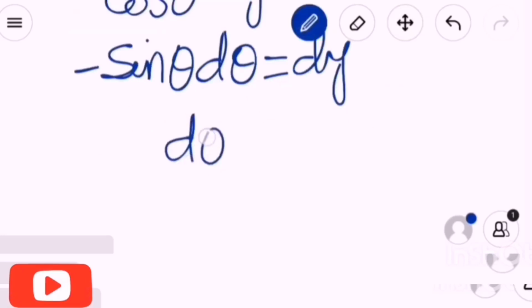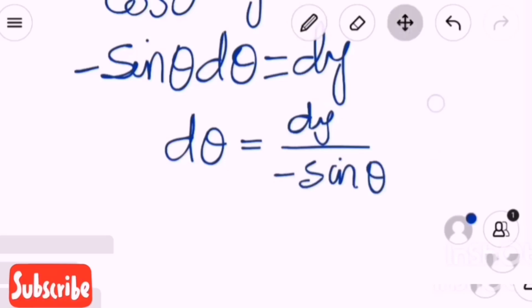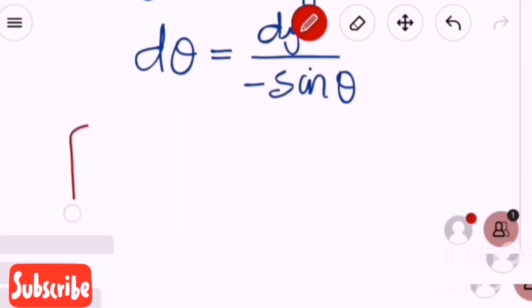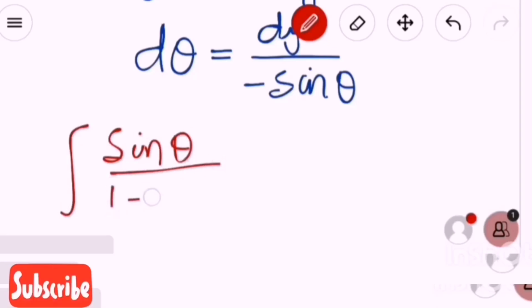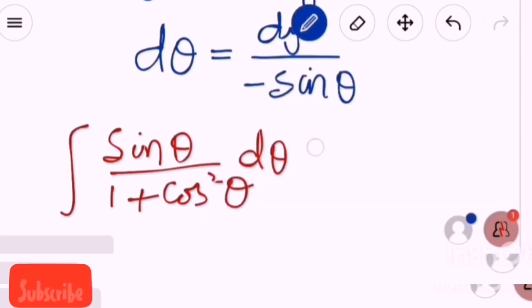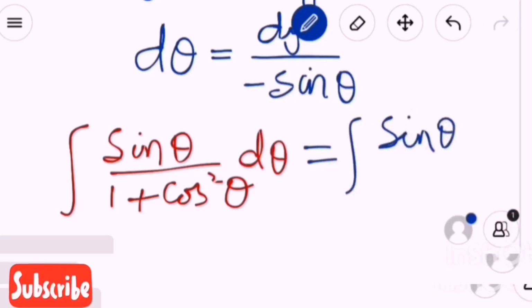and then the value of d theta is dy by minus sine theta. After it, we make this substitution. This is the given form. Integration sine theta by 1 plus cos square theta d theta is equal to integration sine theta by 1 plus, cos has been called y, so it becomes y square.